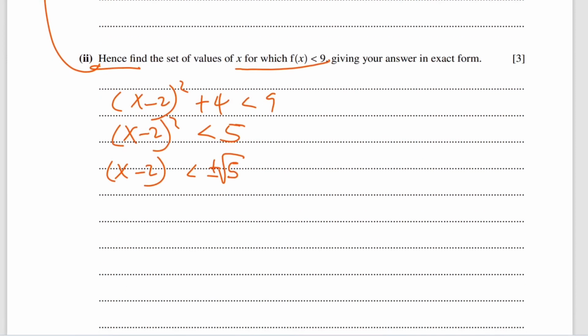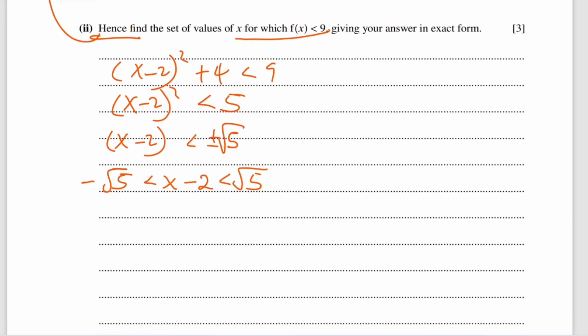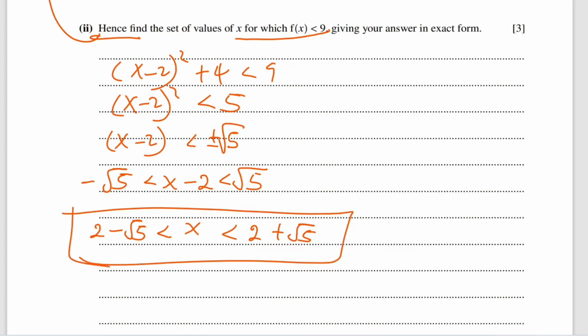And then you solve this using your knowledge of quadratic inequalities, where you put whatever you have in the middle. You put a negative root 5 here, you put a positive root 5 there, and then you move the 2 to both sides. So you have 2 minus root 5 less than x less than 2 plus root 5, and then you are done. If not, then expand the quadratic and then find the critical values, sketch it, and then get the correct region, and you are done.